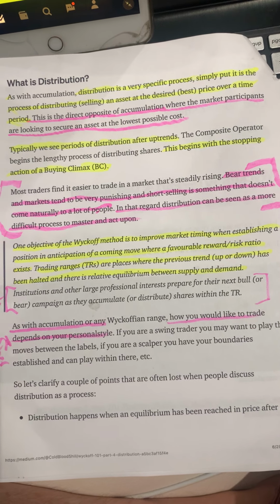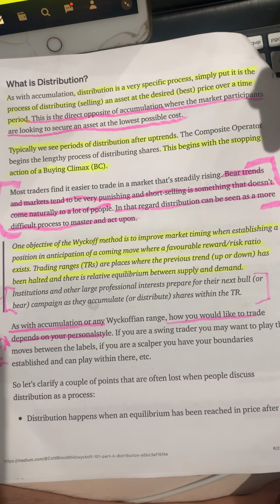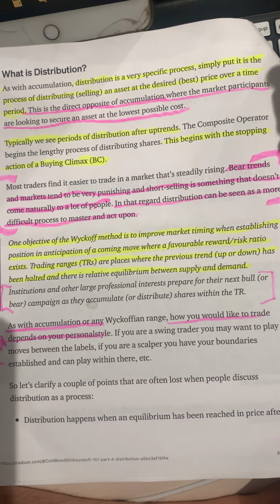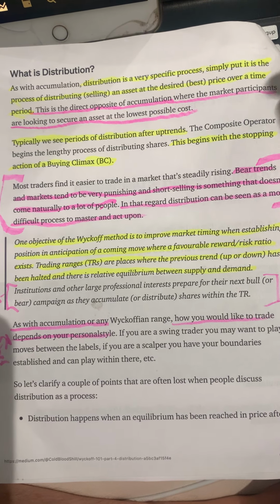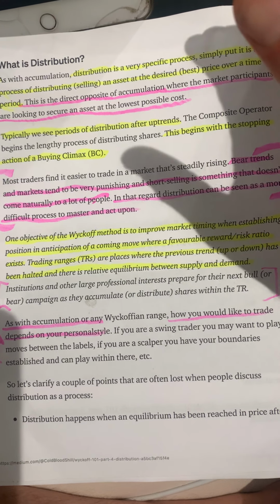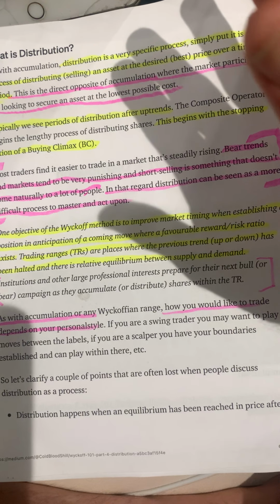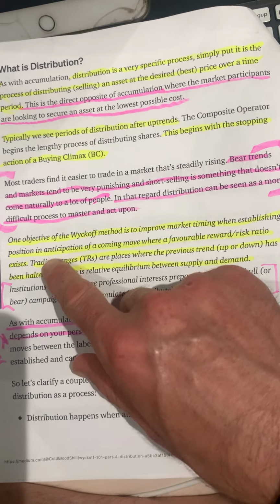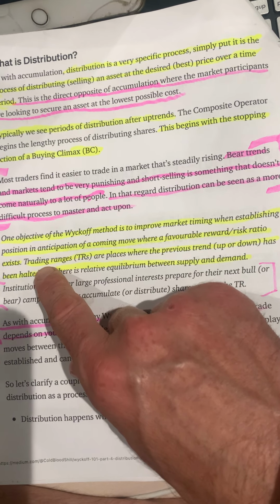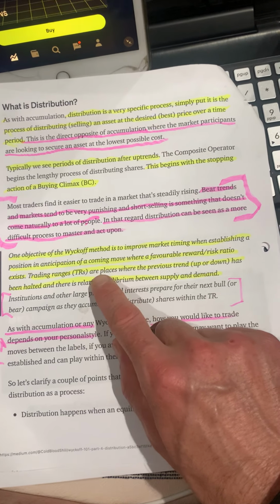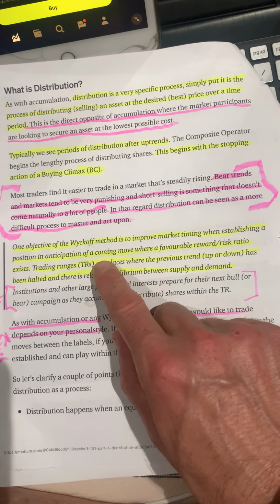Trading ranges, TRs, are places where previous trends, up or down, have been halted, stopped, and there is a relative equilibrium between supply and demand. That's your first indicator, this last sentence. This is an important sentence because this is what tells you the first indication.